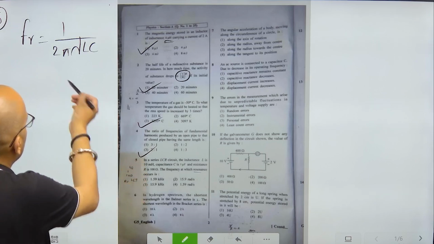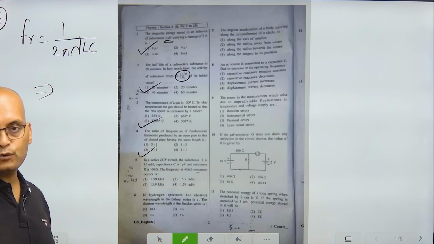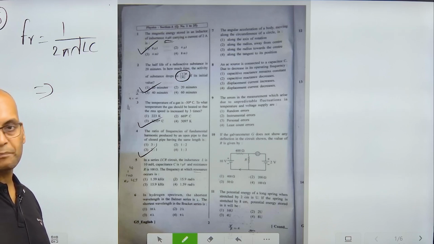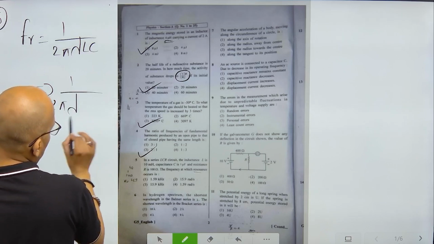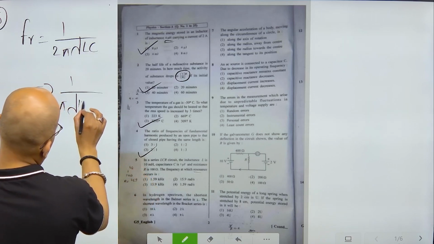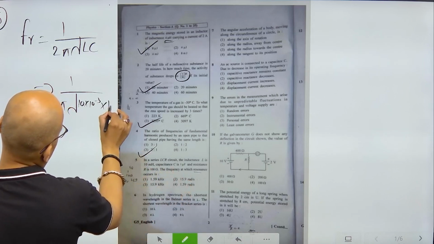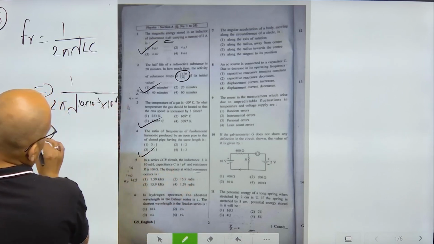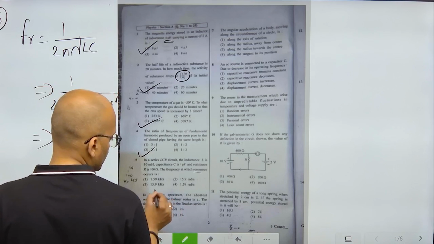Everything is given. You can apply the values, convert this millihenry into Henry by multiplying it with 10 to the power minus 3. So 1 upon 2 pi into 10 into 10 to the power minus 3, and capacitance is in microfarad. Convert it. When you solve it, the answer comes out as 1.59 kilohertz.